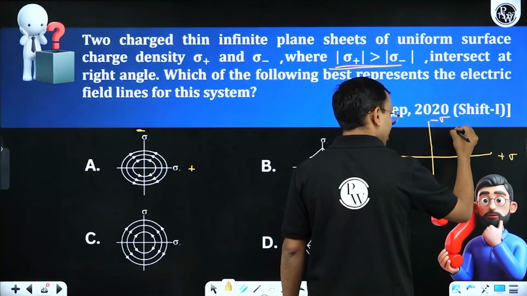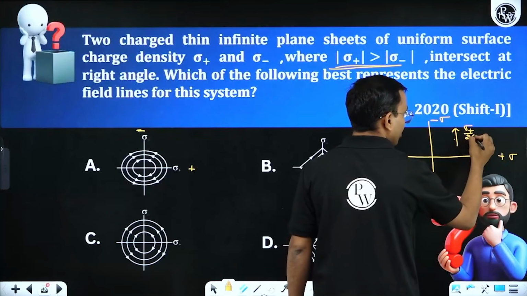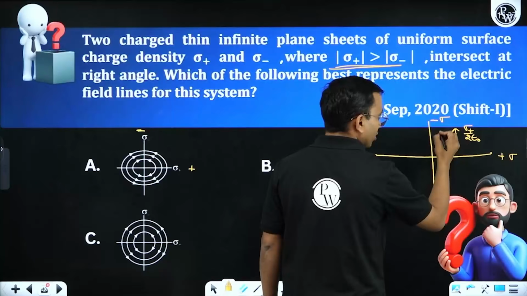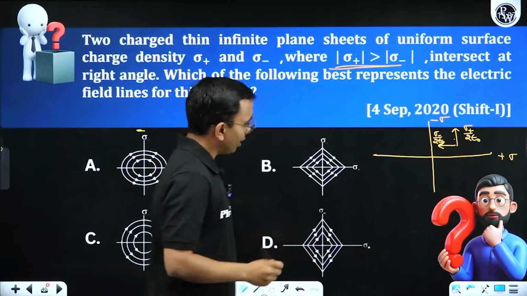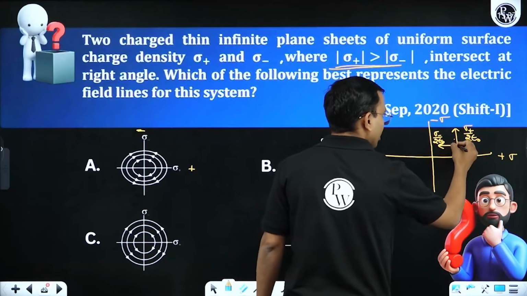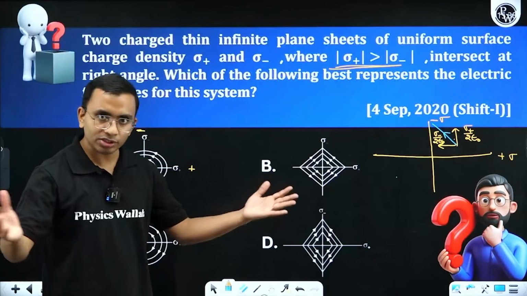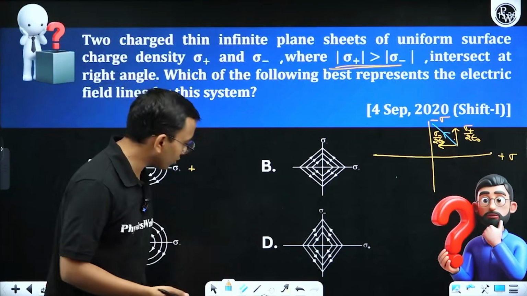So due to plus sigma, it is sigma plus by 2 epsilon naught, away. Due to this minus sigma, it will be towards, so sigma minus by 2 epsilon naught. The resultant of these two will be like this, isn't it? Direction is not changing, magnitude is not changing, the electric field is uniform.